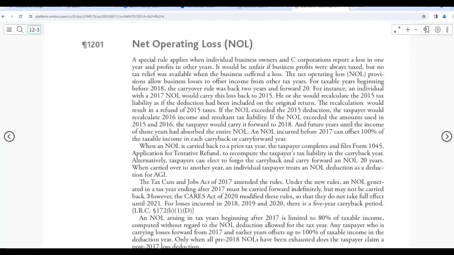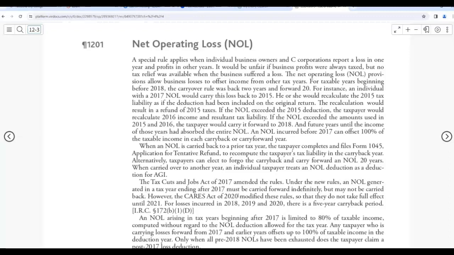So no more carrying back. Starting 2018, only going forward, no back. But going forward, how long? Indefinitely. Not 20 years, but indefinitely.